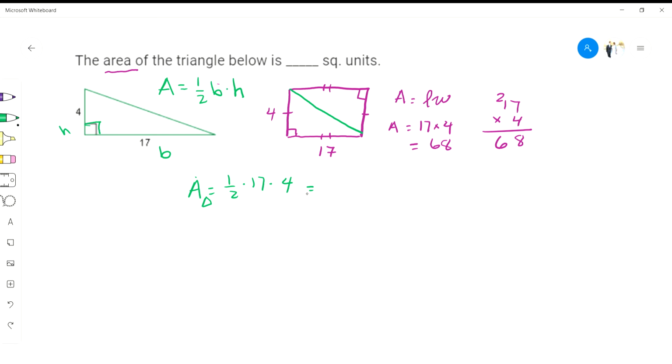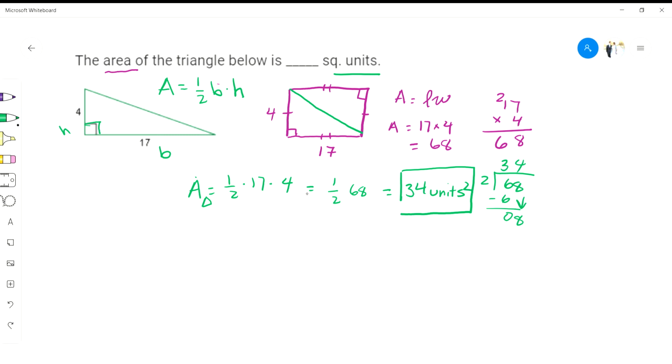So this is going to be 1/2 of 68, or if we divide 68 by 2, 2 goes into 6 3 times, exactly, and then bring down the 8, and 2 goes into 8 4 times, so it would be 34. And this is really important, the square unit, so I'm going to write units squared, so I don't have to write SQ. So our answer would be 34 square units.